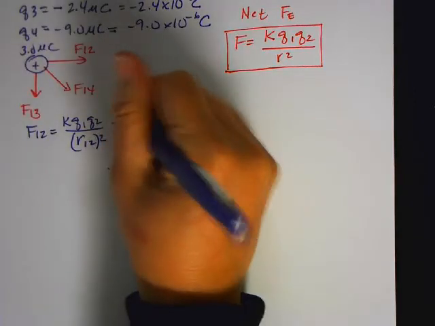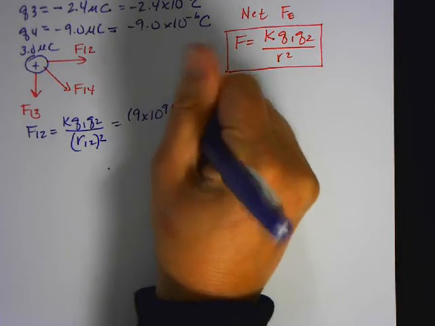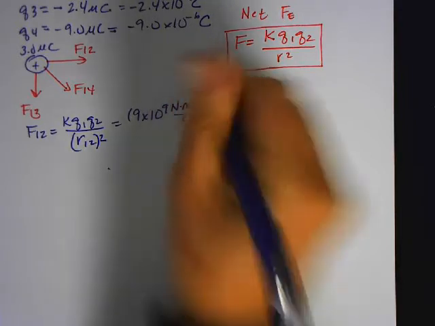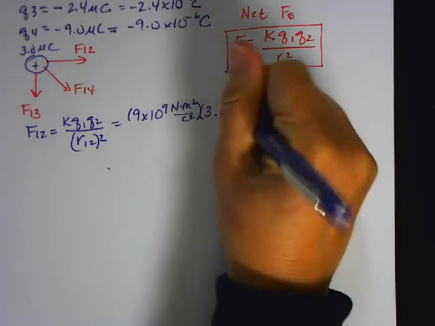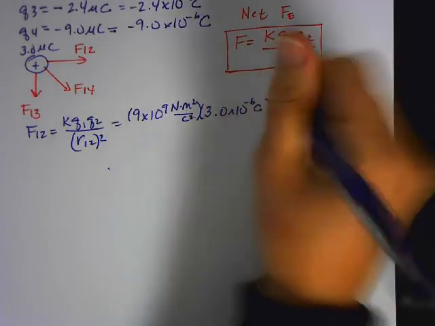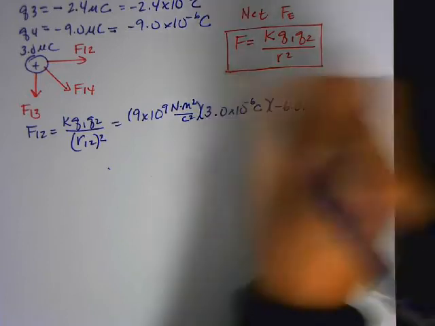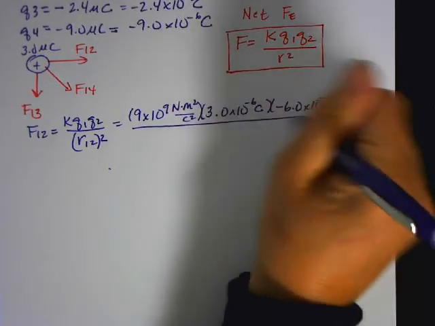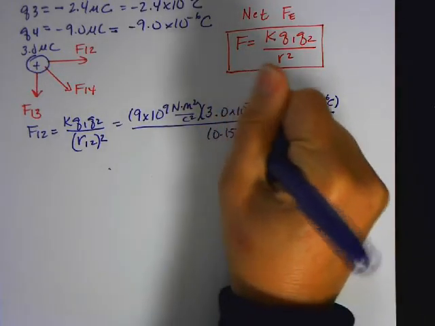So this is going to be 9 times 10 to the 9 newton meter squared per coulomb squared, times Q1 is 3 times 10 to the negative 6 coulombs, times negative 6 times 10 to the negative 6 coulombs, all over 0.15 meters squared.